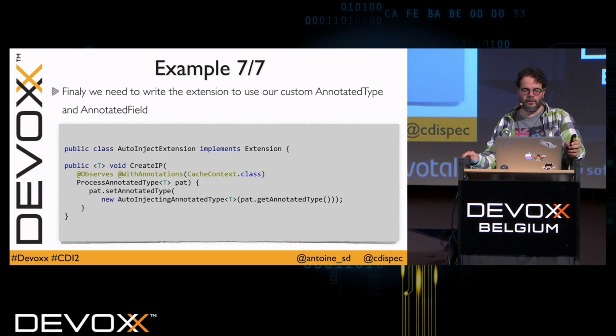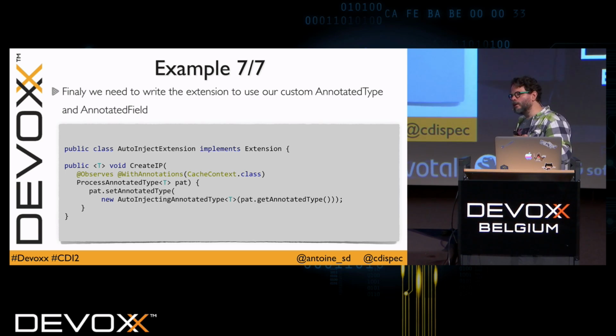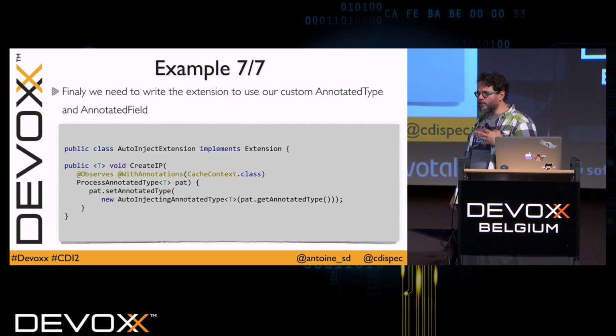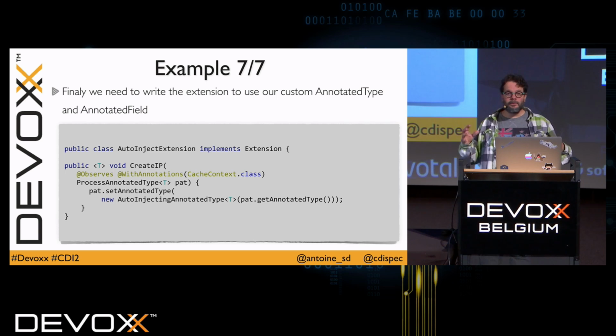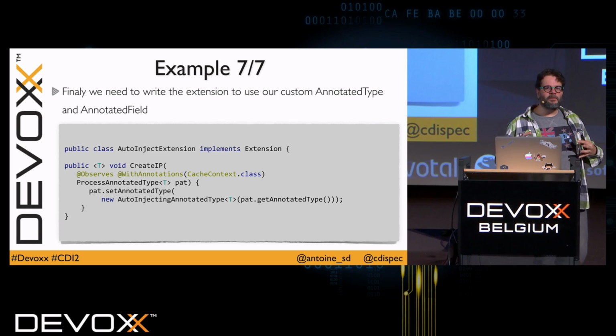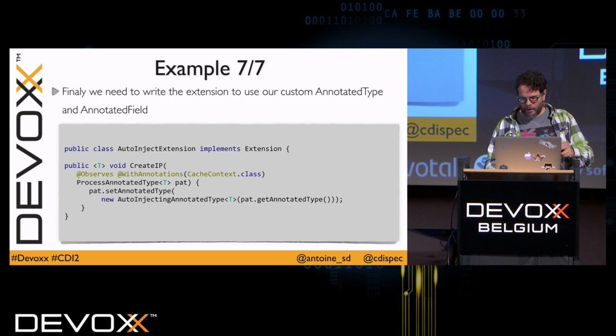The @WithAnnotations meta-annotation allows me to do that. So I catch only the types having the cache context annotation, and for those types, I'm changing the annotated type like this. The extension is rather simple, but the classes I have to create to do that, for a rather simple feature, are very verbose.